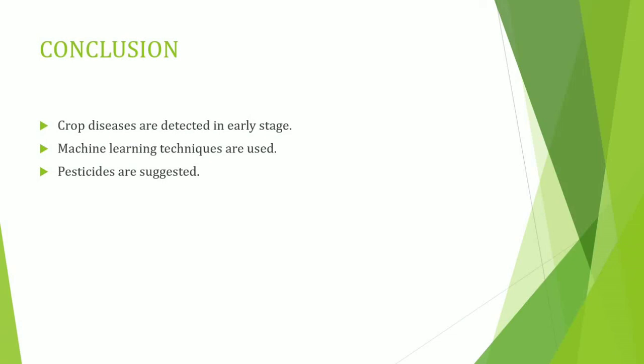So in future the proposed system can be extended by adding extra services like providing the pesticides with the price, which leads the farmers to decide the proper pesticides for their crops and to overcome the diseases.